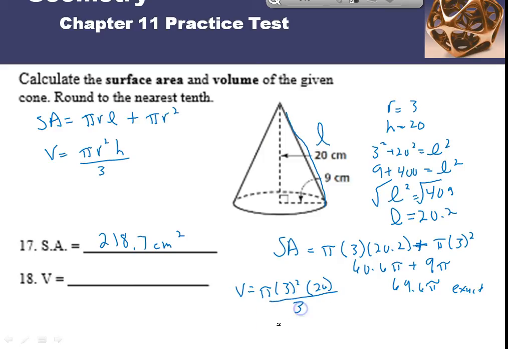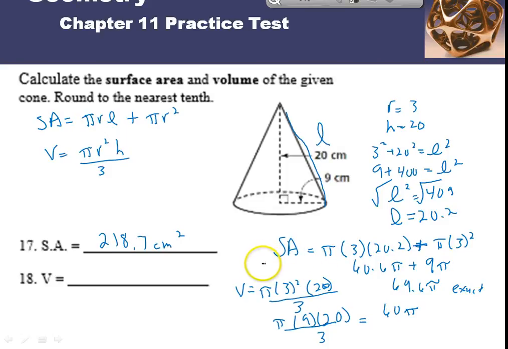So pi 9 and 20. This is a 20. Divided by 3. So 60 pi. Yep, 60 pi.